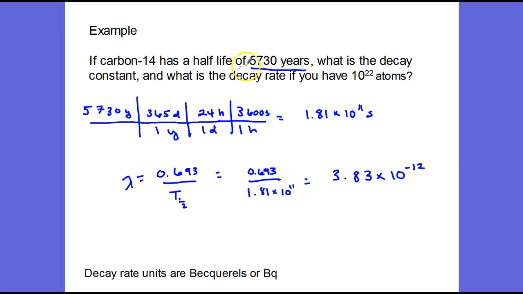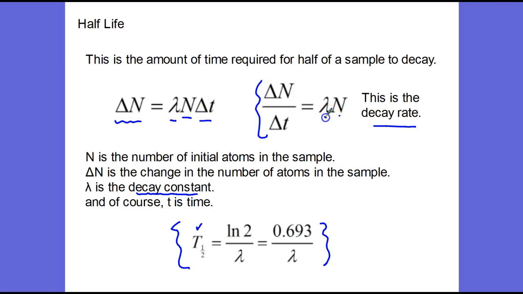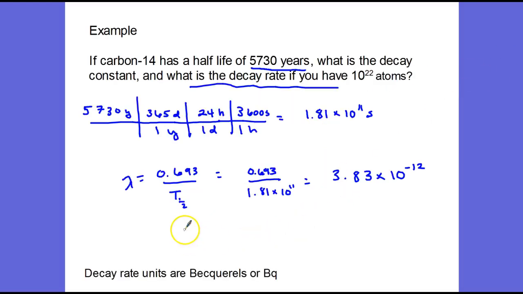Okay? And what is the decay rate? Well, in the last slide, we said that the decay rate was lambda times the number of particles that we have. So delta N over delta t equals lambda N equals 3.8 times 10 to the minus 12 times the number of particles, 10 to the 22nd.